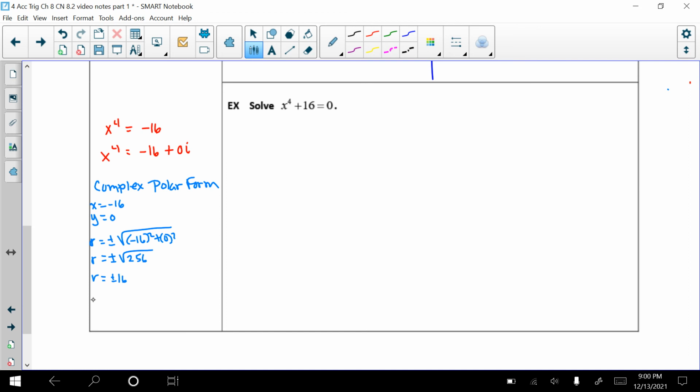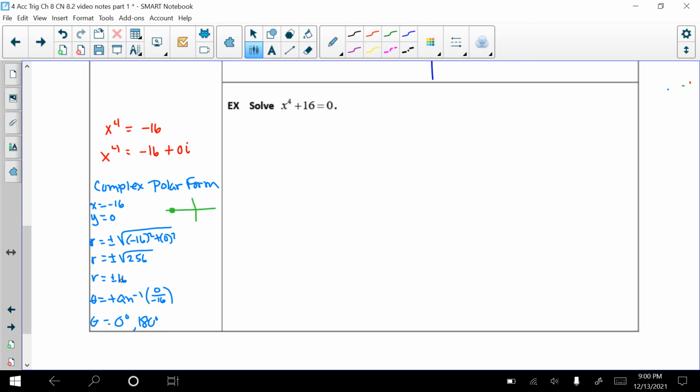Okay, and then of course theta is equal to inverse tangent. Our y value is what? 0 over negative 16. So that occurs at 0 degrees as well as 180 degrees. Okay, putting this all together then, remember if x is negative 16, that's over here on the negative side of the x-axis.